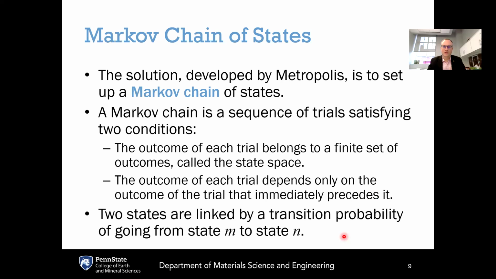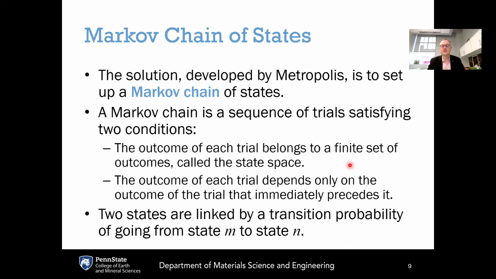The way that we're going to do that is by constructing what's called a Markov chain of states. This was a solution developed by Metropolis. This Markov chain of states is a sequence of trials that satisfies two conditions. First, the outcome of each trial belongs to a finite set of outcomes, which is called the state space. Second, the outcome of each trial depends only on the outcome of the trial that immediately precedes it.